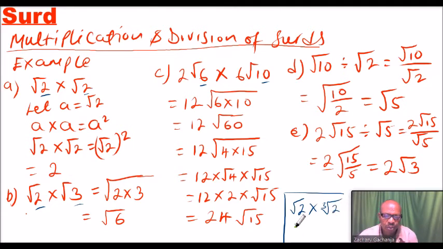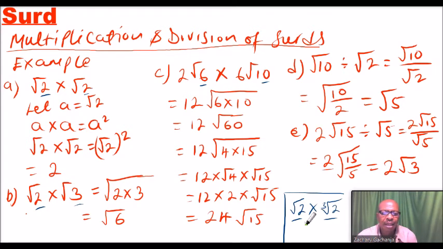That is not possible. Because this is a square root and this is a cube root, the order is not the same. You cannot write this in the form of a surd.